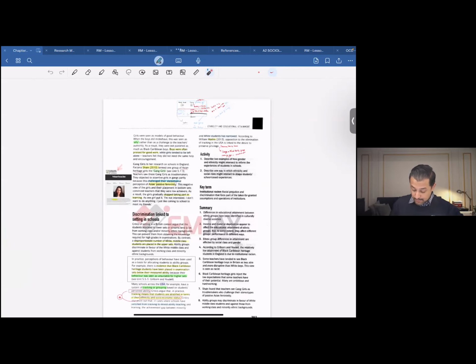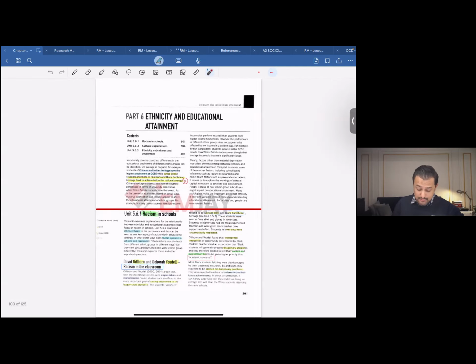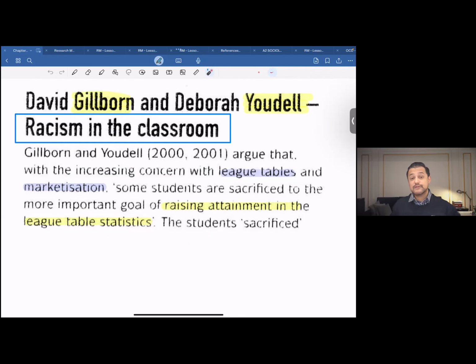Now, to begin with, as we speak about differences in educational attainment based on ethnic differences, the study conducted by Gilborn and Youdell in the early 2000s. According to Gilborn and Youdell, marketization forces. Let me remind you all of the neoliberal perspective that we've done before.